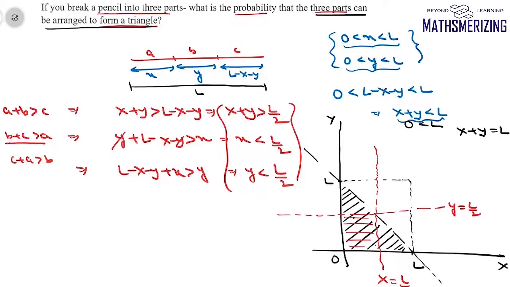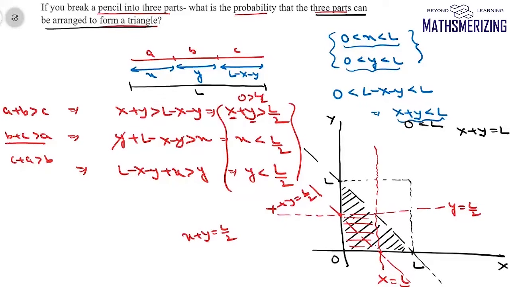And now this third condition is x plus y should be greater than L by 2. So first I'll draw this line, which is x plus y equals L by 2. Now this point is L by 2 comma 0. This is 0 comma L by 2. So I'll draw this line. Now if I put x and y as 0, I'll get 0 is greater than L by 2.